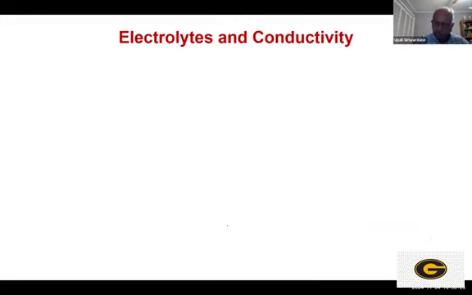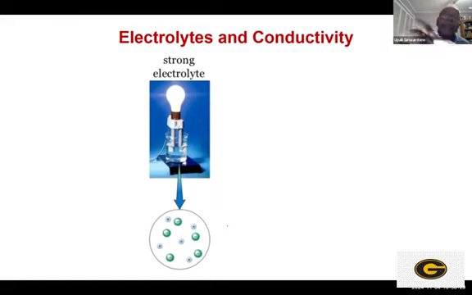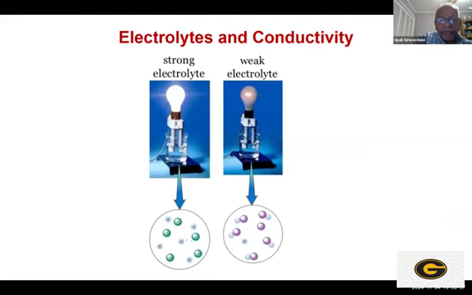How do you measure electrolytes? This is sodium chloride. Look at the glow of the bulb. It's strong. This is ammonia.